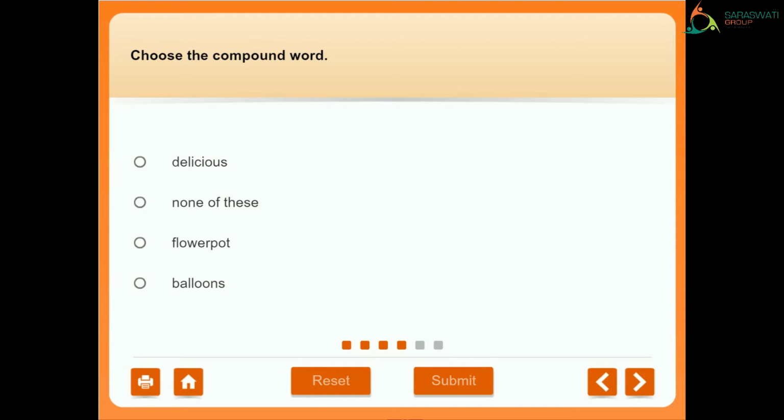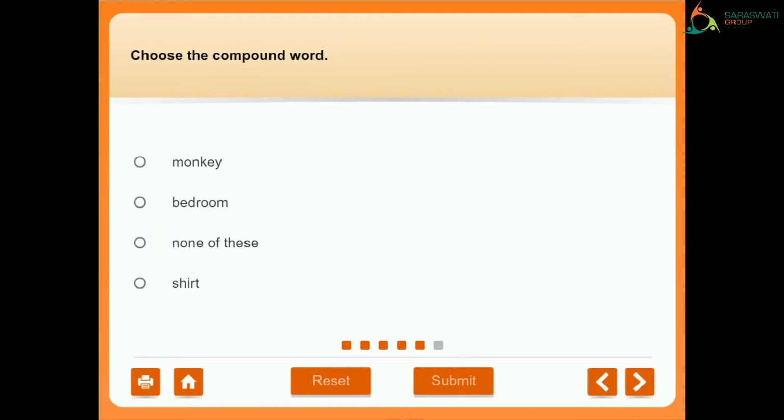Flower pot or balloons. Balloons, no. Let me guess flower pot. Let me submit. Oh yes, that is the correct answer. Flower pot. This word is made up of two words, that is flower plus pot. Very good.